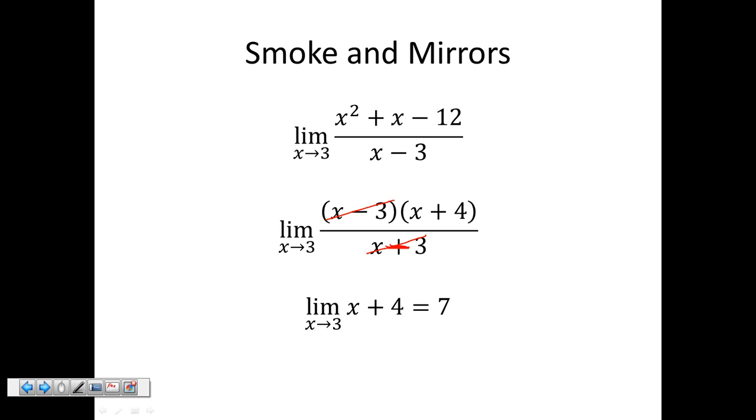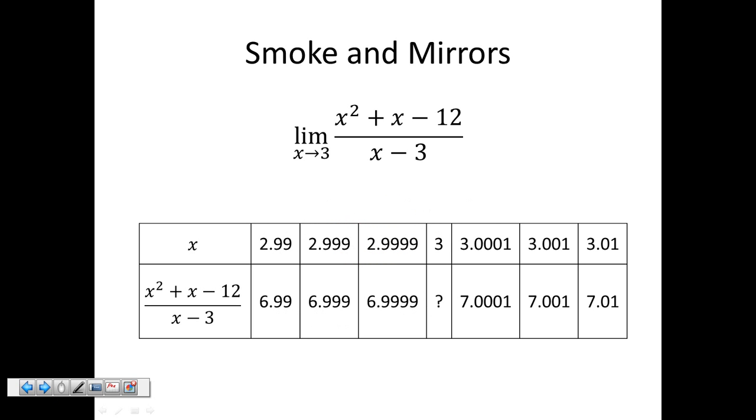Now I'm trying to take the limit as x approaches 3 of x plus 4. This I can just plug my 3 into and I get a 7. So by recognizing that this stuff will cancel top and bottom, I went from mathematical gibberish to a limit I can do, and it's equal to 7.